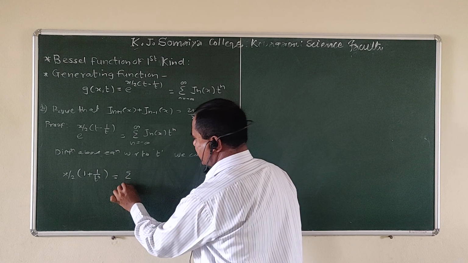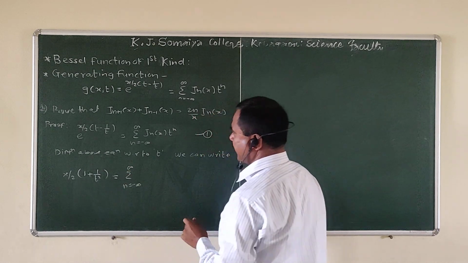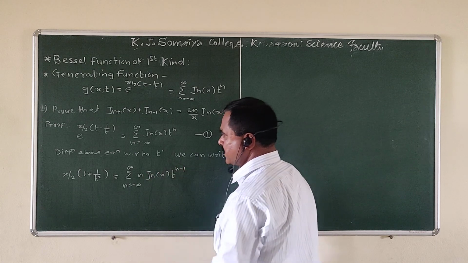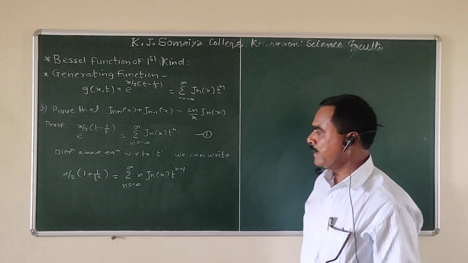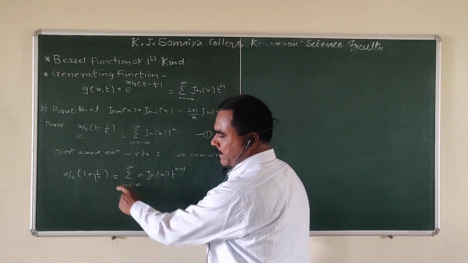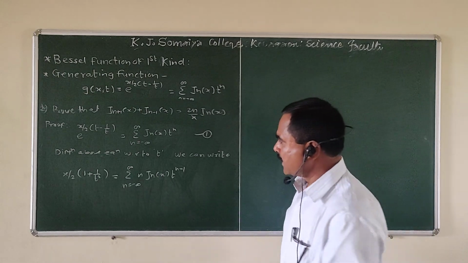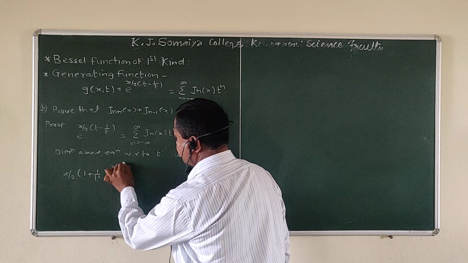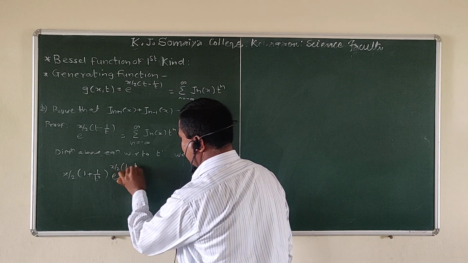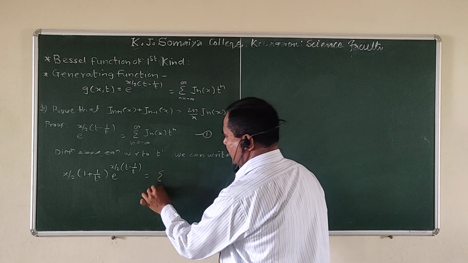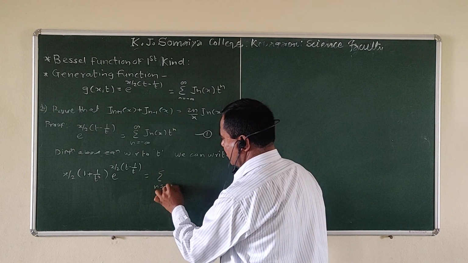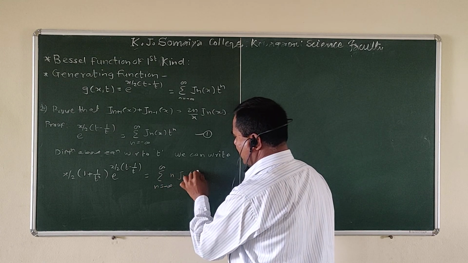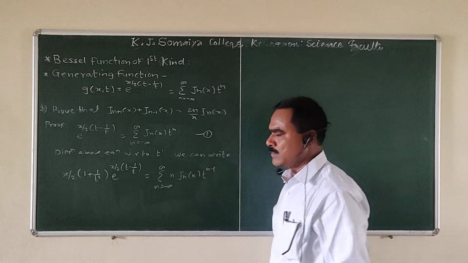equal to summation n from minus infinity to plus infinity n Jn of x t raised to n minus 1. Okay, so we have to write one term. This term is e raised to x by 2 (t minus 1 by t) equal to summation n from minus infinity to plus infinity n Jn of x t raised to n minus 1.